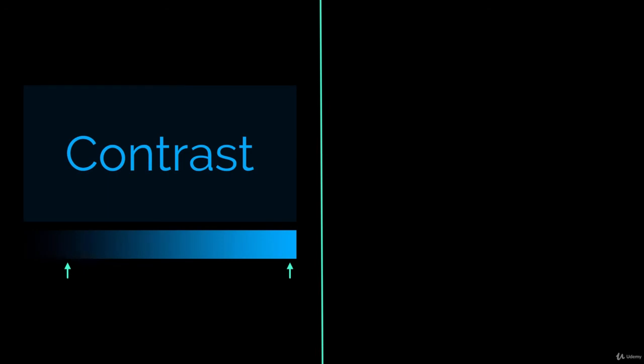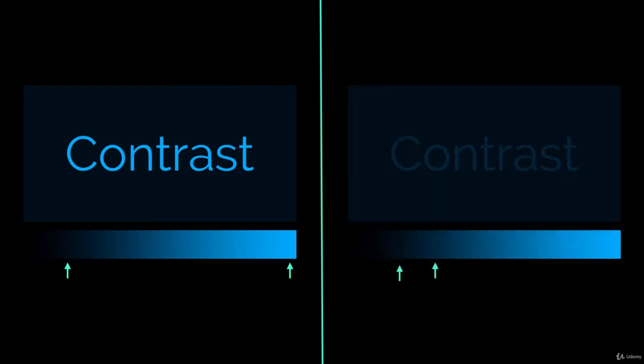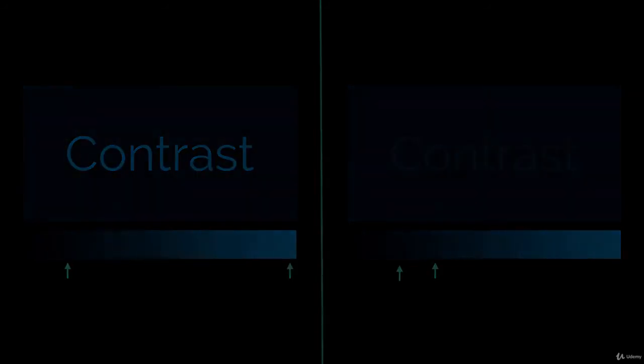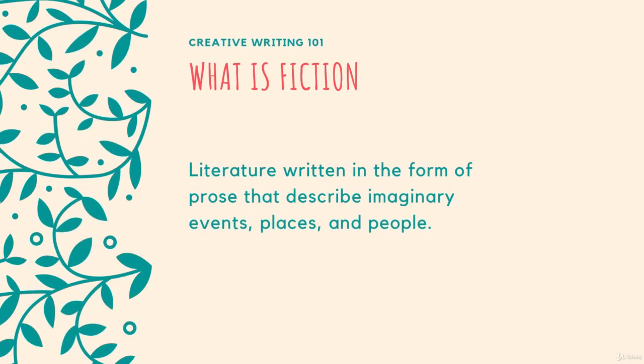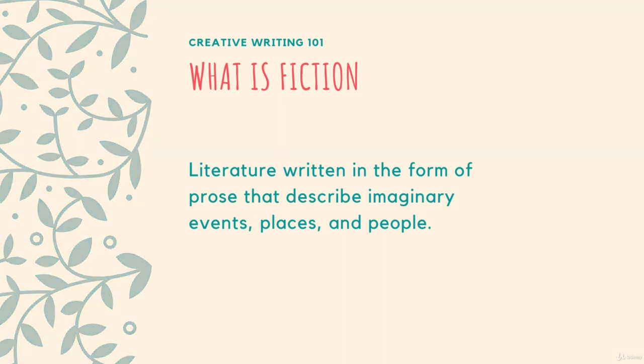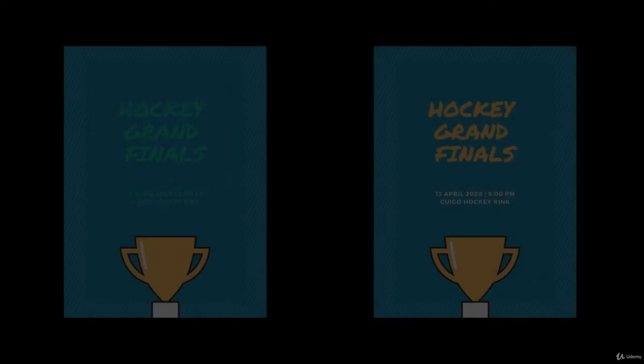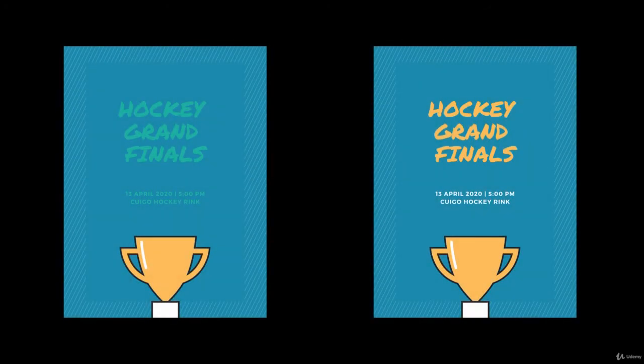Here, the contrast is in its values, where these two color values are greater apart than these two. Providing high contrast in a design can help make the element stand out, where giving a low contrast can help that element blend more.